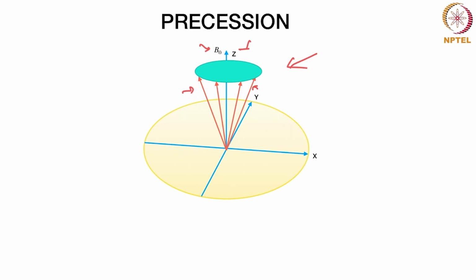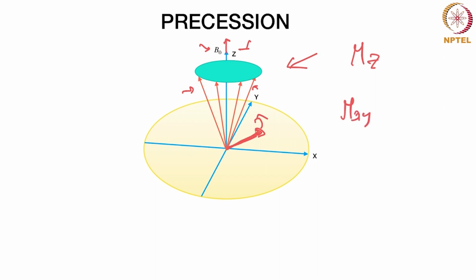There will be a component along z, and there is an in-plane component, the xy plane component, which will also be precessing in a particular direction. In the z direction there's an mz component along this direction, and there is an mxy component here.